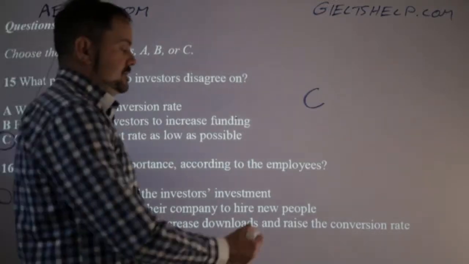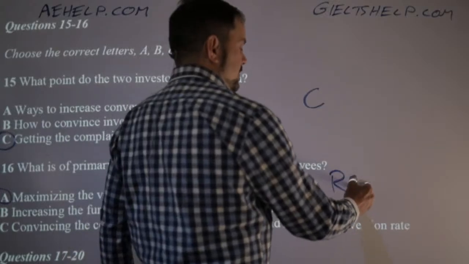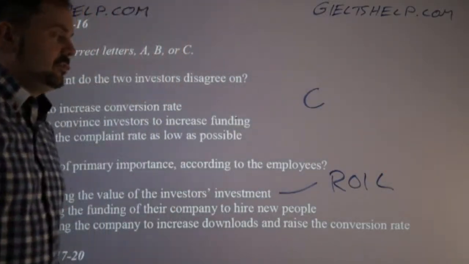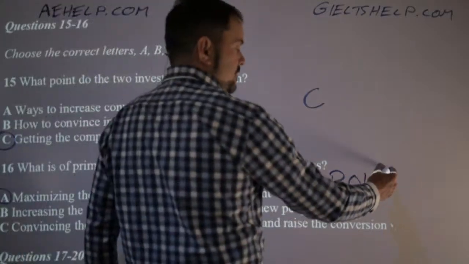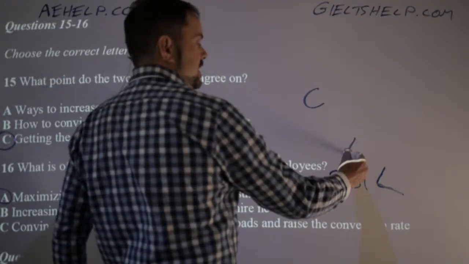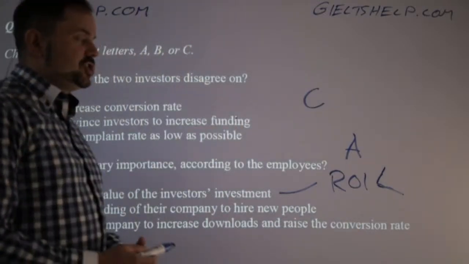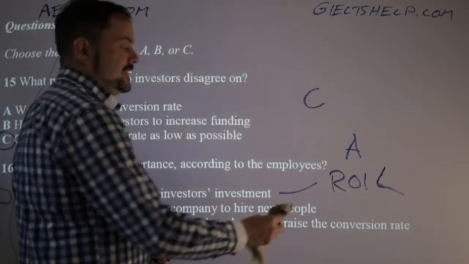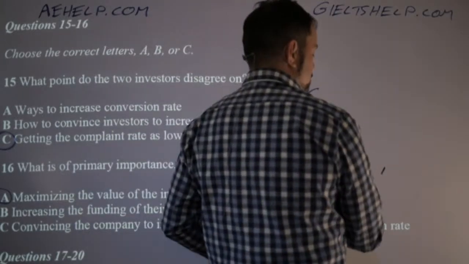Maximizing investment. Return on investment. Maximizing that, right? So maximizing return on investment. Yeah, absolutely. So the correct answer here is A. Logic will help you with multiple choice, and listening for the answer will help you on multiple choice.